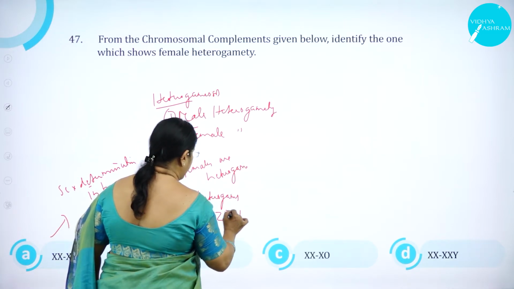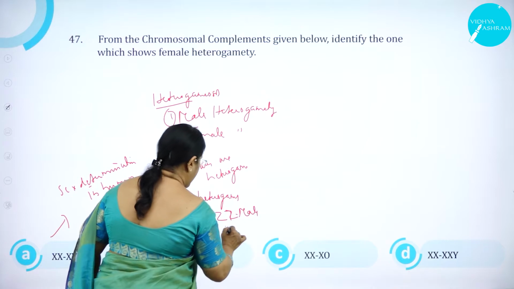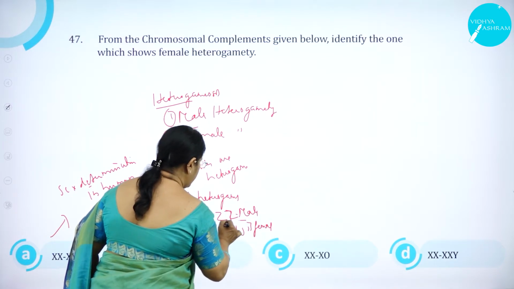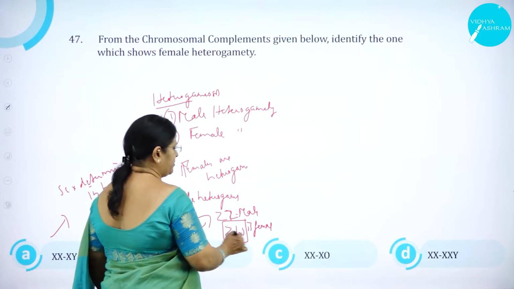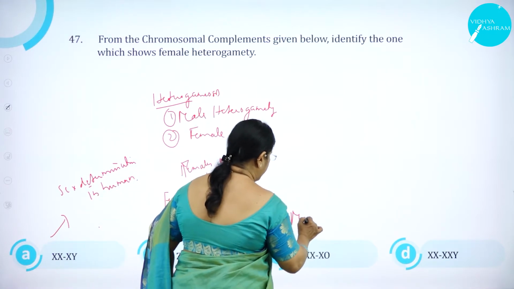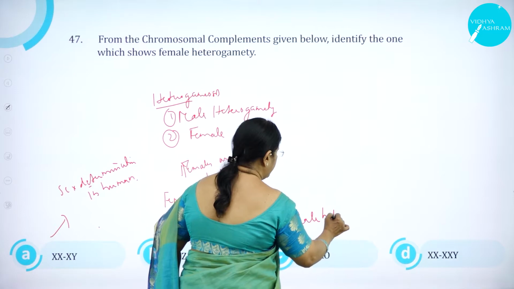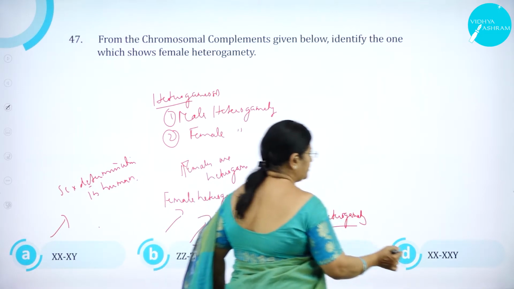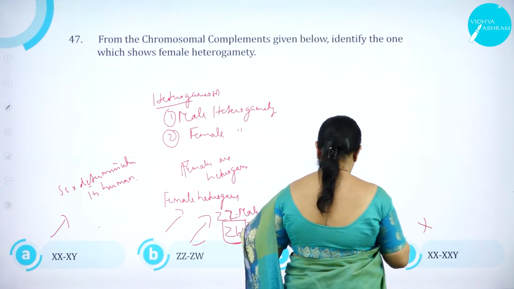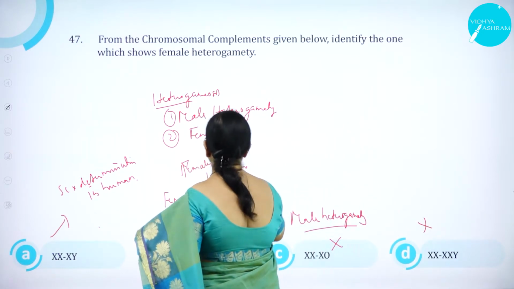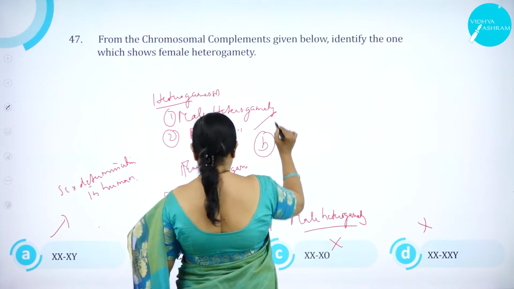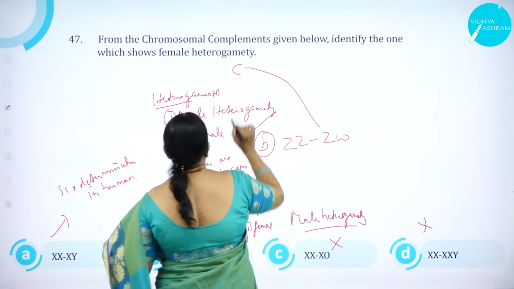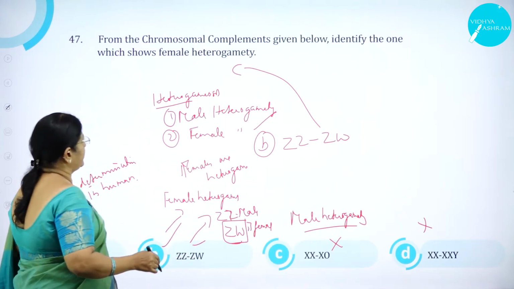ZZ is male and ZW is female. So it is an example for female heterogamety. This is male heterogamety. This is also wrong. So the option B is correct, that ZZ, ZW is an example for female heterogamety.